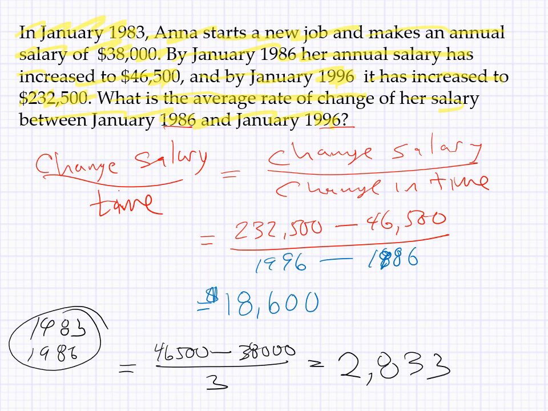Okay? So as time went on, she was getting far bigger increases in her salary to the point where her average increased significantly from 1986 to 1996 instead of 1983 to 1986.